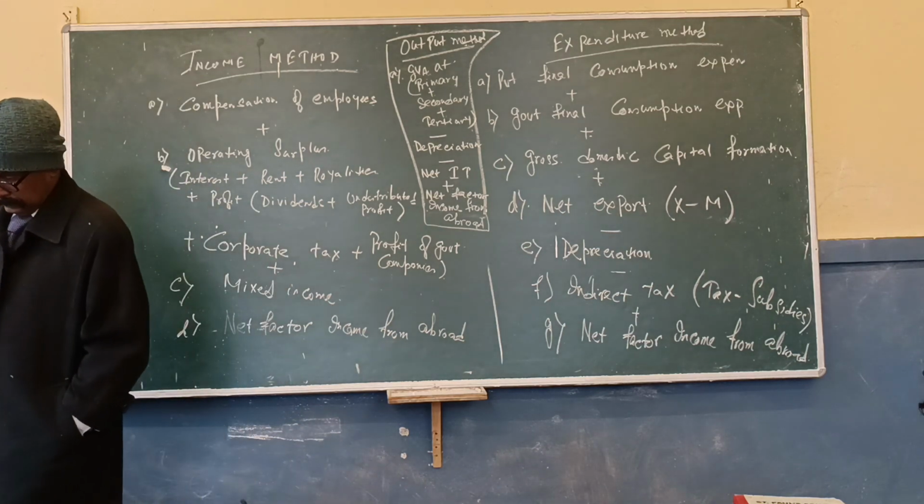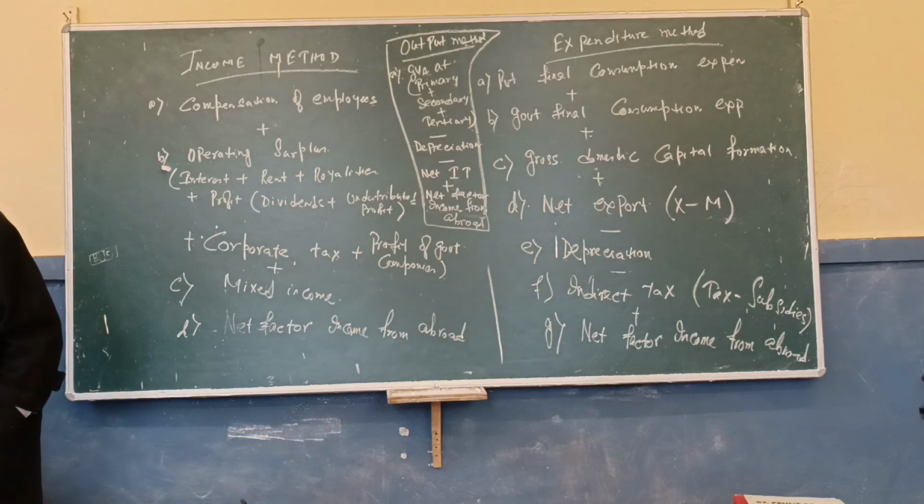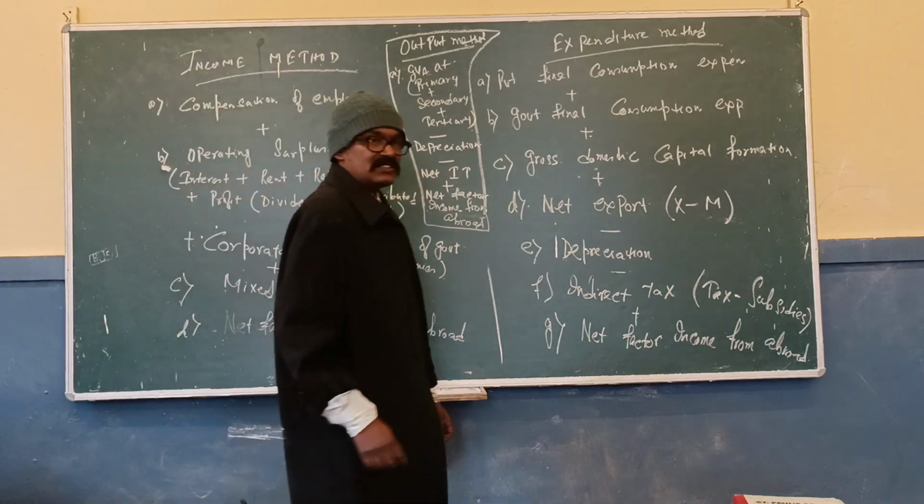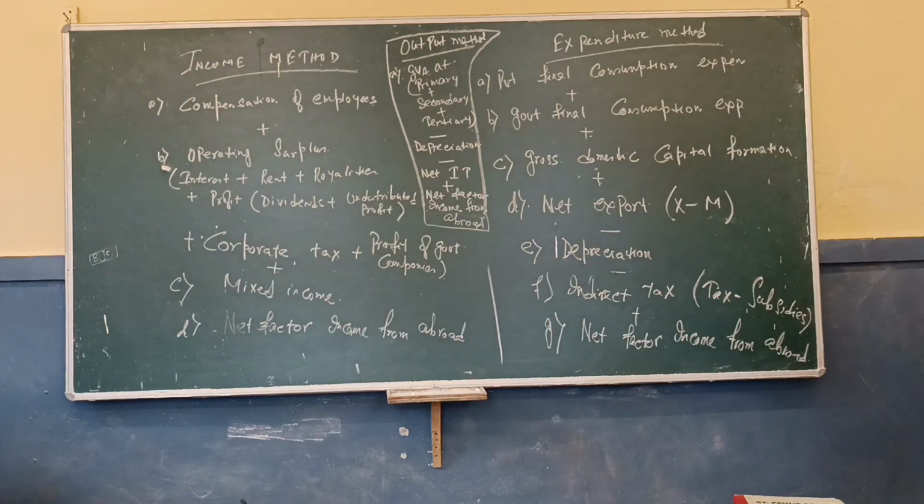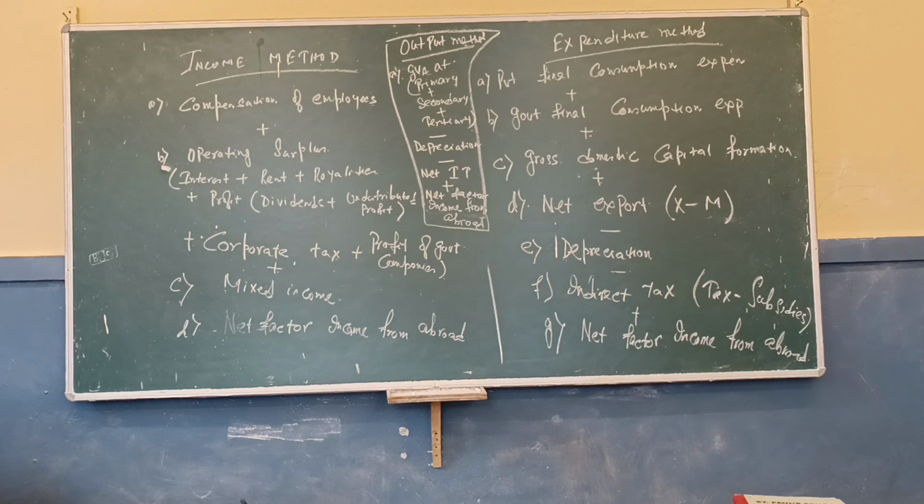So how much was consumption of fixed capital? Consumption of fixed capital is 80. Gross value added at market price is very easy. By this time you should have finished. Yes, that is correct. Now you do the second option. Think.